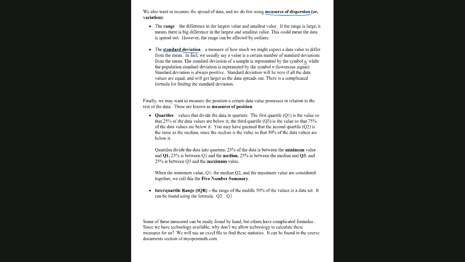So if you have 12, 12, 12, 12, 12, 12, 12, the standard deviation will be 0 because there's no difference in a data value and the mean. As the data gets more spread out, the standard deviation will become larger. And there is a complicated formula for finding the standard deviation, but more on that later.